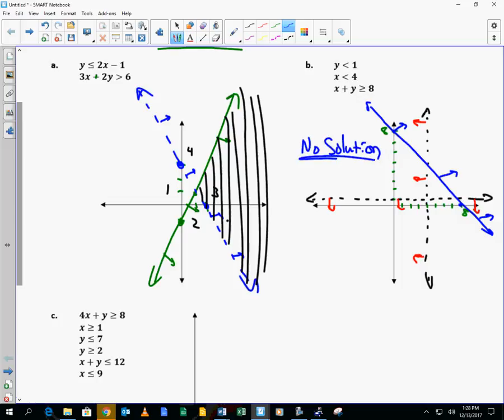Did you come up with no solution? There's no region in which all three overlap.